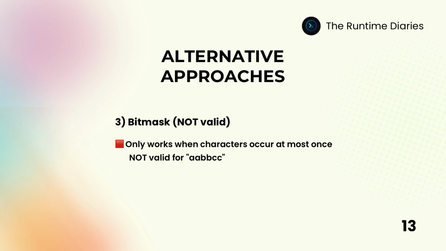Third, bit mask. Some people try bit manipulation, but it doesn't work here because bit masks can't store frequency. They collapse duplicates, so strings like AABB fail. The counting array remains the best choice for this specific problem.